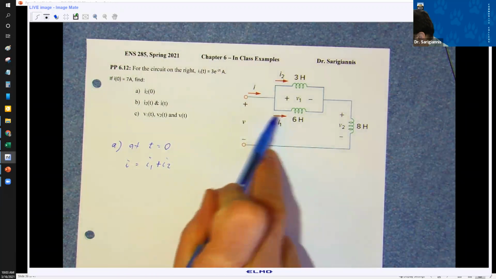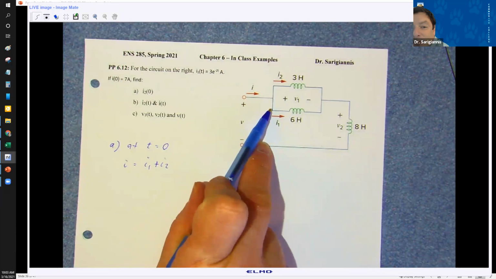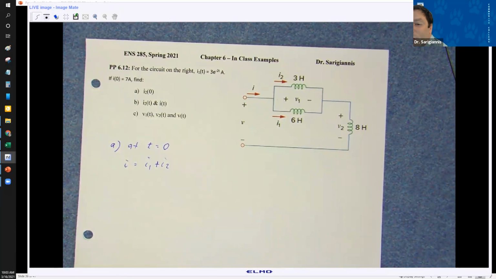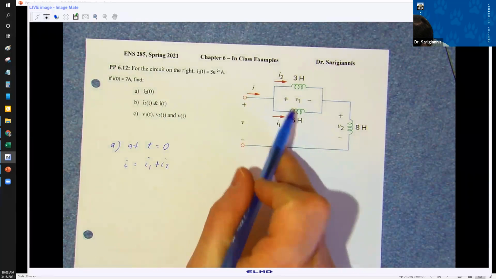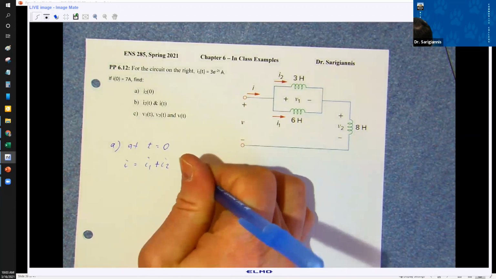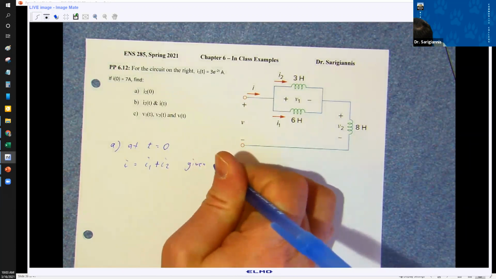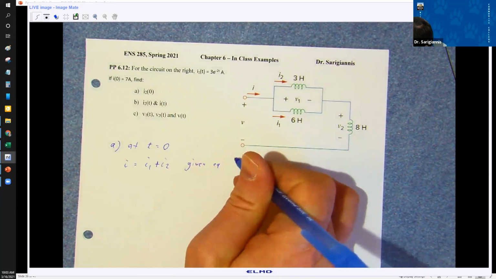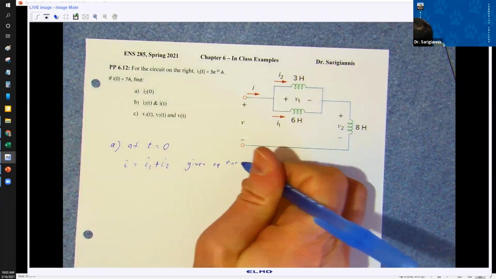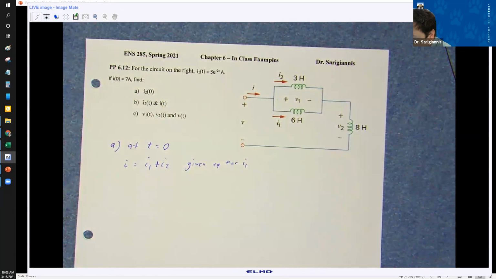That has to be the case. The currents have to split up, and we don't know the ratio yet. However, we're given, what are we given? We're given the equation for I1.